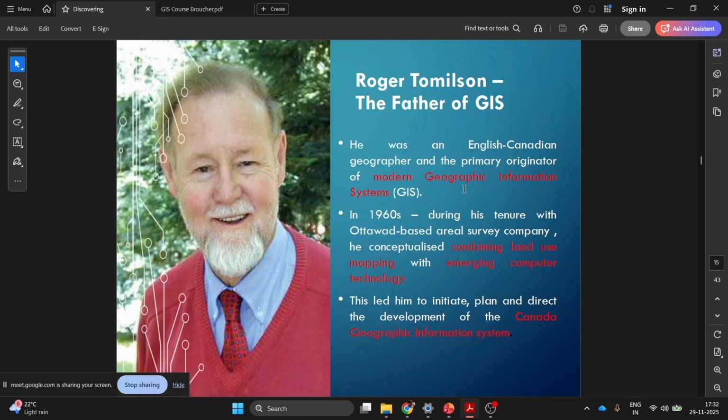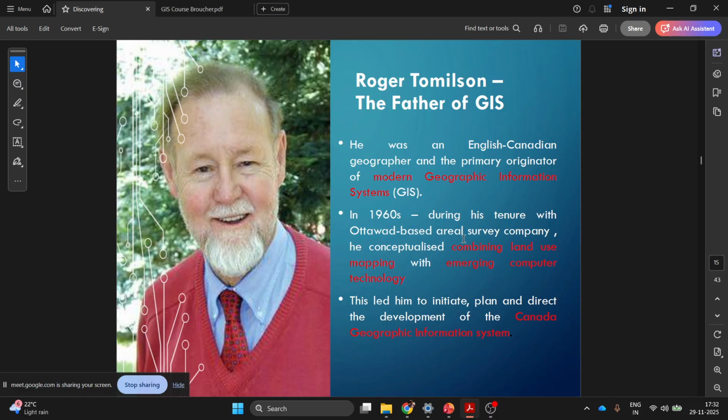In the 1960s, during his tenure with an Ottawa-based aerial survey company, he conceptualized combining land use mapping with emerging computer technology. Before that, printed maps were there, but after the development of computers, he combined the map with emerging computer technology and devised a system called the geographic information system.